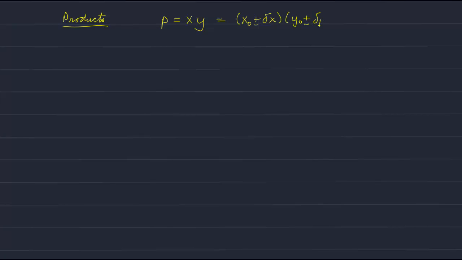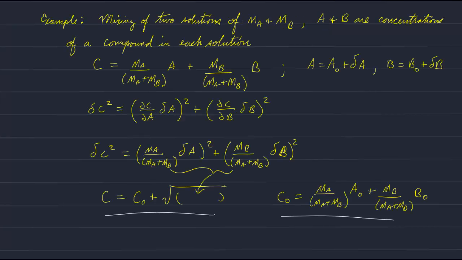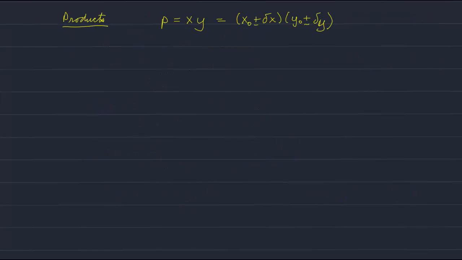And I'm just remembering I should go back to my last example, where we describe A as having its measured value plus and minus the uncertainty. So I need to add plus and minuses to all this, right? So C will equal the measured value, which is this, plus and minus the square root of its variance. Okay, now back to the product.